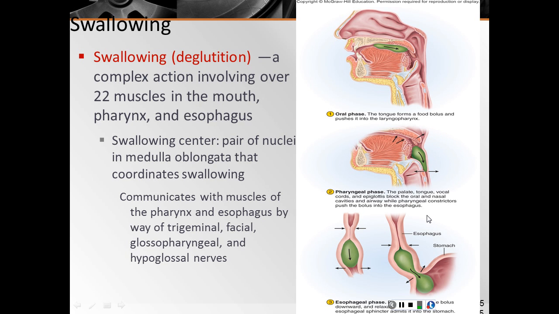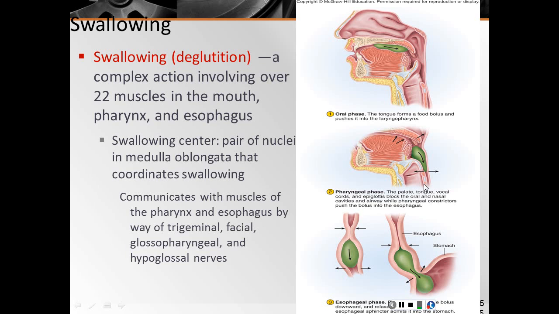Now the food bolus is going to be driven downward by the constrictions of the upper, then the middle, and then finally the lower pharyngeal constrictors. As the bolus enters the esophagus, it stretches and triggers peristalsis.